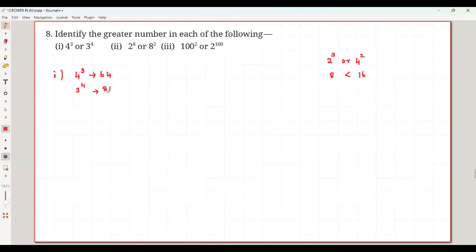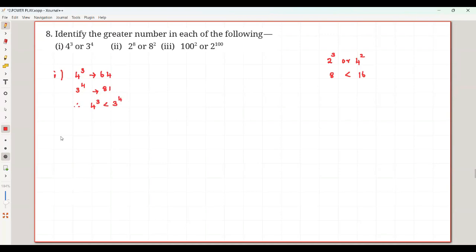Now I can see which is greater: 81, that is 3 power 4, is greater. Therefore for the first one I can write 4 power 3 is less than 3 power 4, which means 3 to the power 4 is greater.